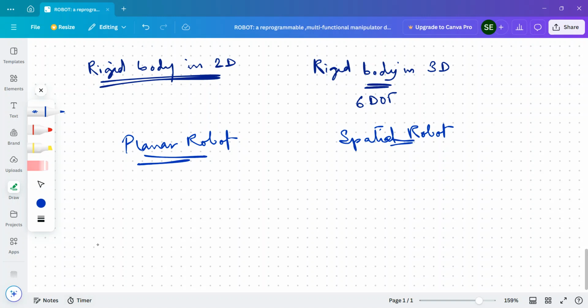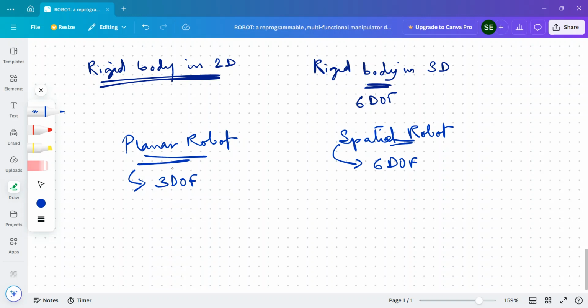A planar robot has degrees of freedom of value 3, and a spatial robot has degrees of freedom of value 6.